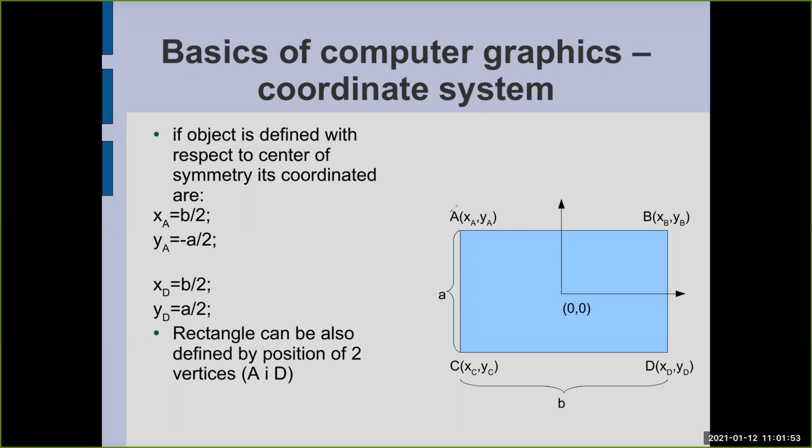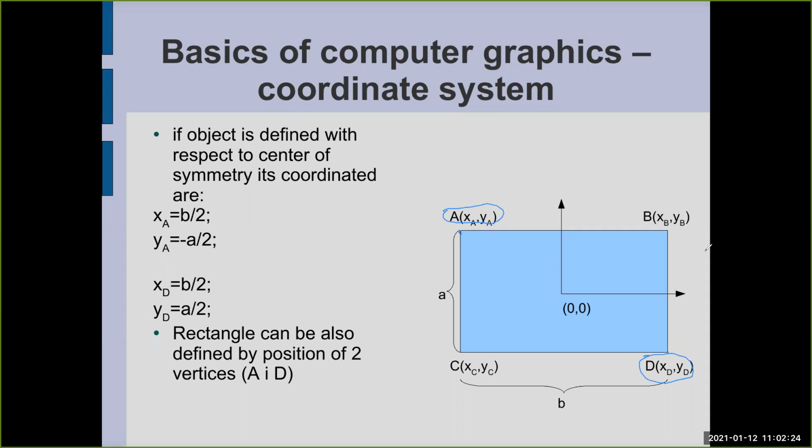So we have point A and point B. Every point has 2 coordinates, but when we have 2 points, it's enough to draw this rectangle, provided that it's not rotated. The positions of B and C are dependent.